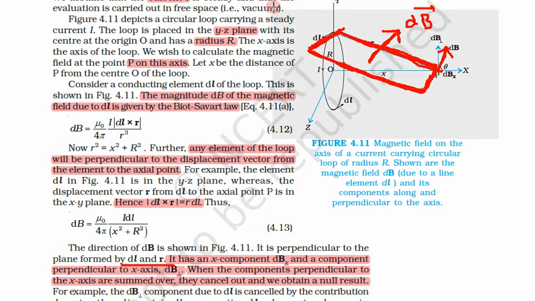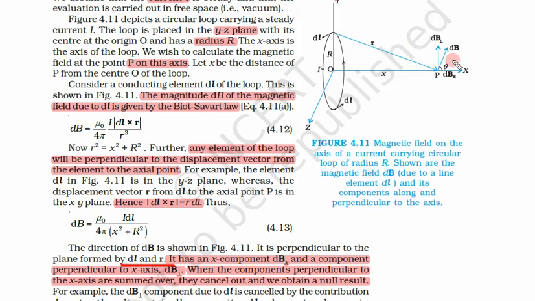this magnetic field. Now this magnetic field can be divided into two components. One component parallel to the x-axis, which is dBx. Another component perpendicular to this axis, which is dB perpendicular.